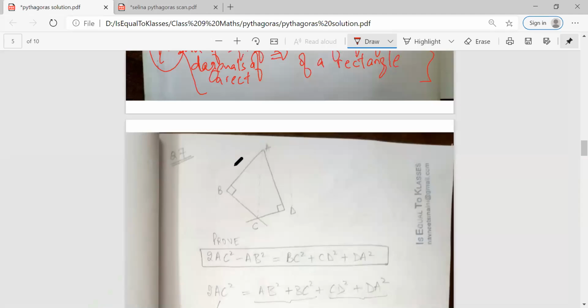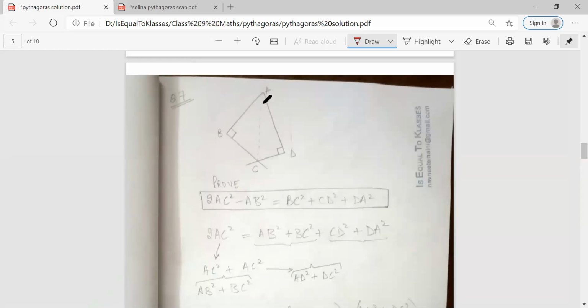Okay. So this is the quadrilateral that I have, A, B, C, D. I have been given that this is a rectangle and this is a rectangle. Any doubt? No, sir. I need to prove this. Now, what do I do? What I need to understand is that it is not necessary that I should be starting from here.